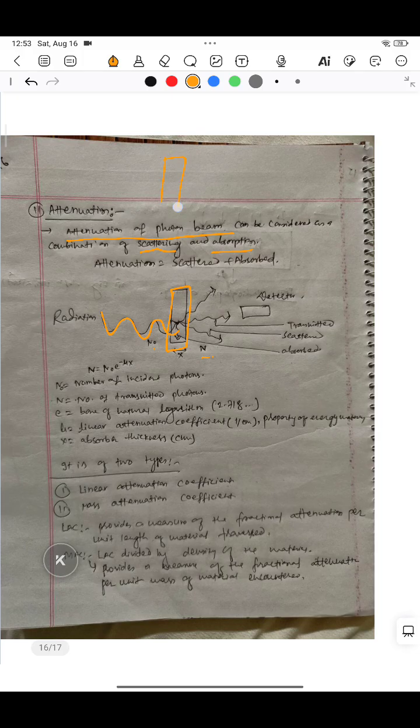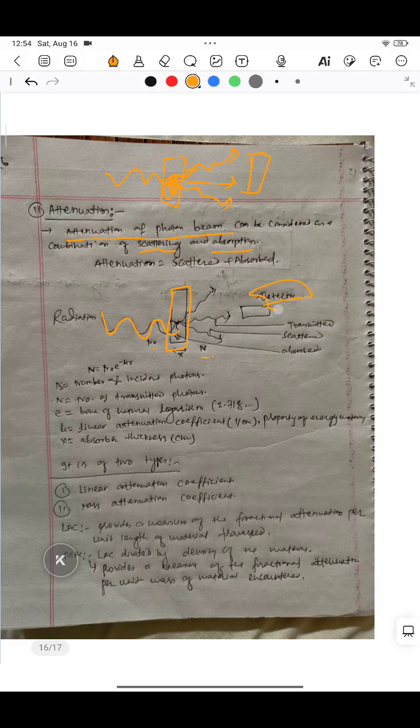When the beam is passed, some photons pass directly, some get scattered in this way, some in this way, some are absorbed here. So according to the definition, attenuation means absorbed plus scattered, but those that have traversed are not included in the attenuation.